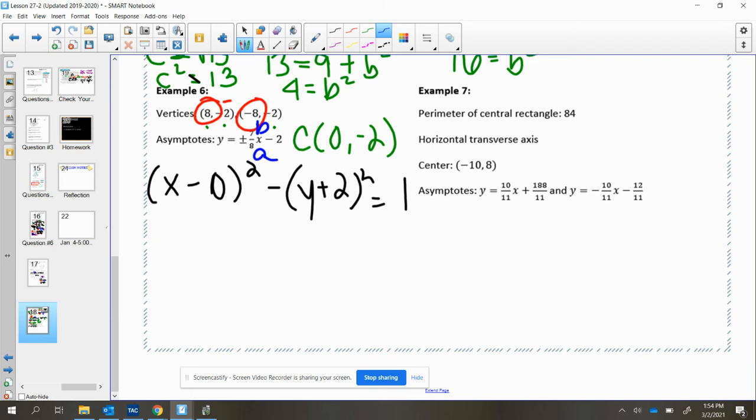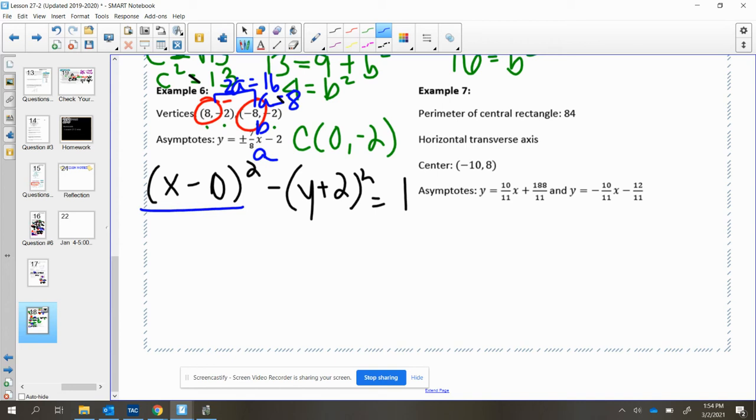Which we also could have found from the fact that our length here of 2a was also 16. So we could deduce a two different ways, either using that distance or, again, b over a.